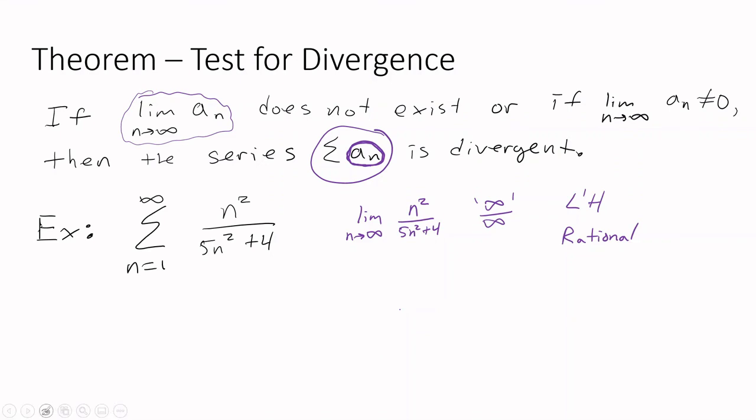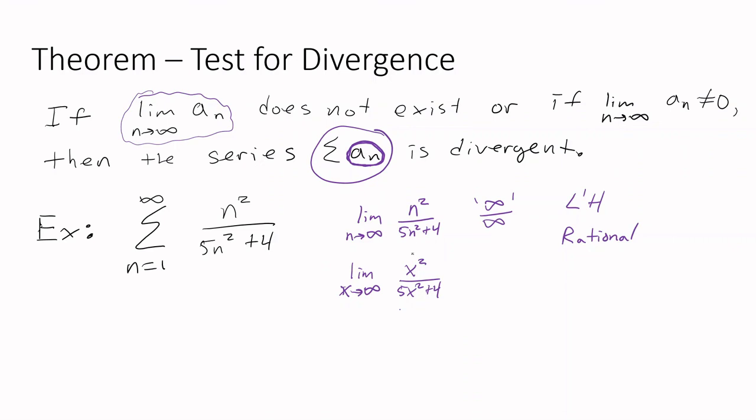But before we do any of these, we have to be thinking about this as a function like in Calc 1. So if I'm going to use L'Hopital's or this idea about rational functions, I need an actual function of x being a real number, not n only being a positive integer, 1, 2, 3. Because if I'm only plugging in positive integers, the idea of a derivative does not make any sense.